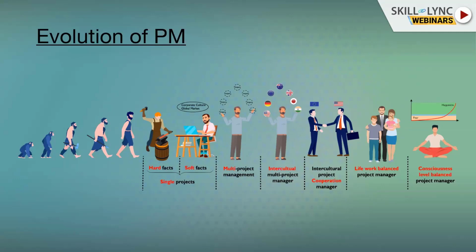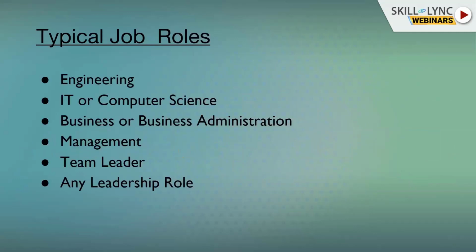Okay, so moving ahead, what are the typical job roles involved in project management? Project managers always aspire for technical people from an engineering background, belonging to IT or computer science. Why IT or computer science? Because they have the keen knowledge to understand and develop the kind of software which can be utilized for project management.